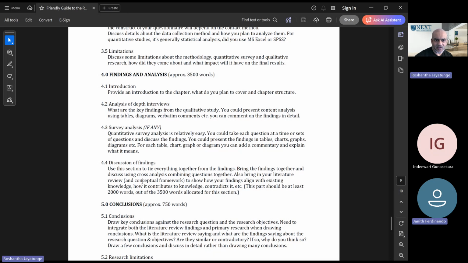Okay. All right. So now if you look at how you analyze the survey findings, when you do the quantitative survey, there are many things that you can do, because if you have used a Google Form or an MS Form or any other survey app or survey engine, say like SurveyMonkey, automatically it will collate certain information and give you certain things that you can download.